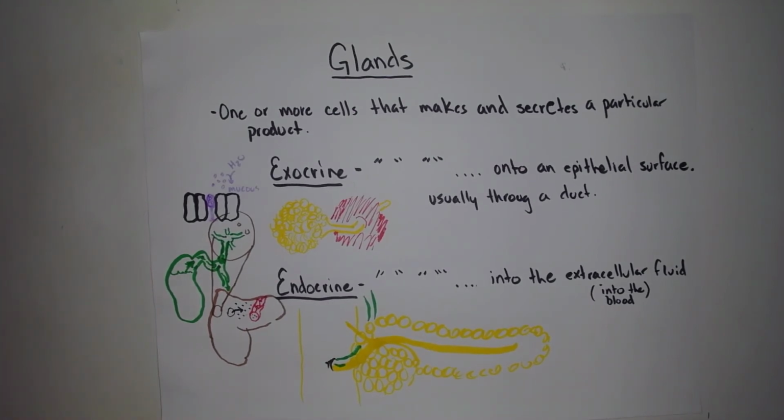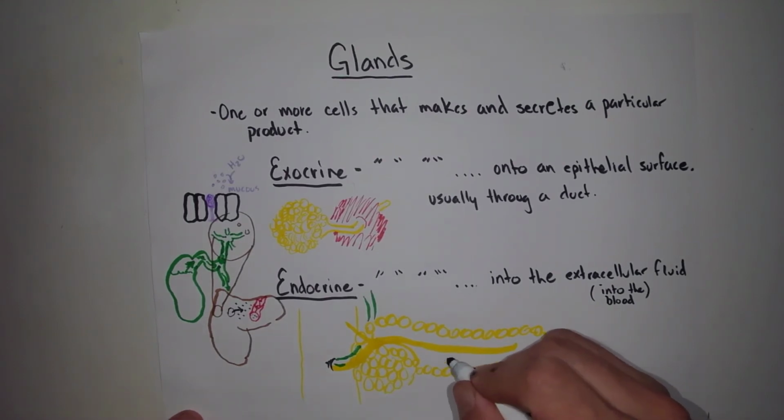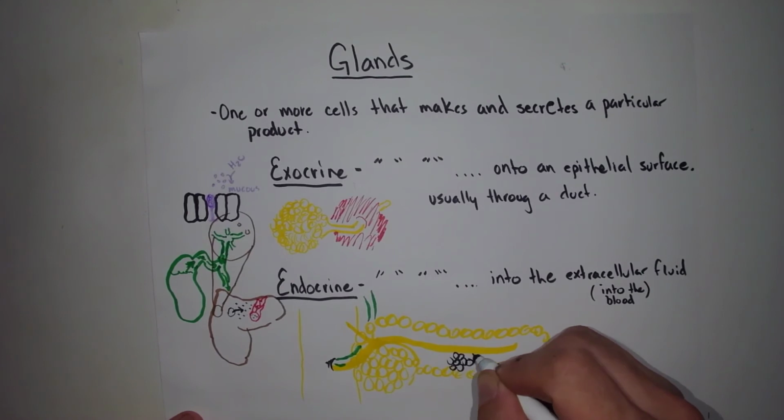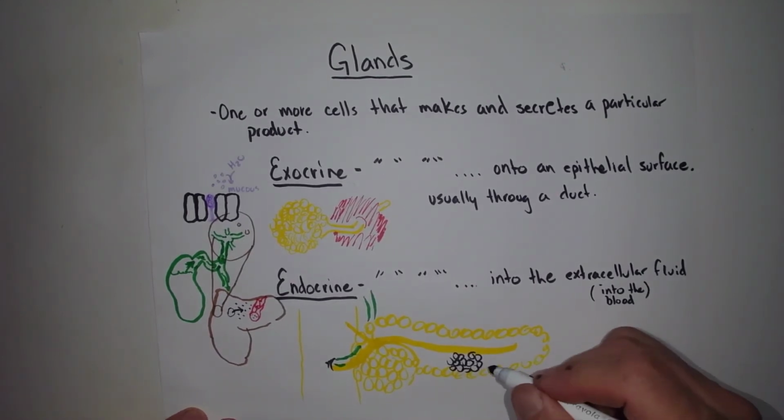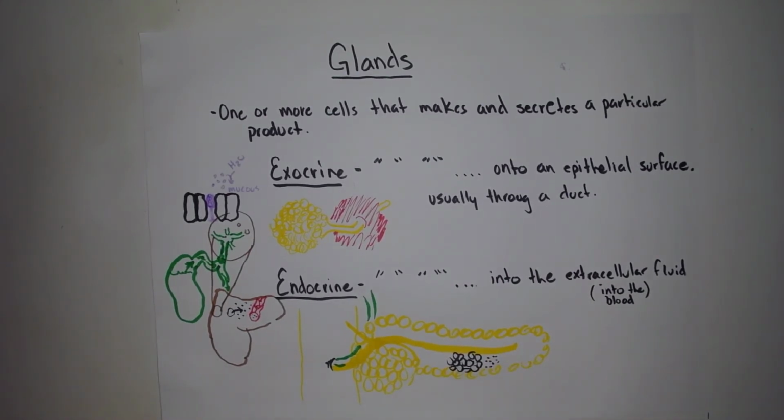But we also have islands of cells, the islets of Langerhans, with alpha, beta, delta cells. And these cells are going to secrete their products we'll learn later, insulin, glucagon, and growth hormone inhibiting hormone.